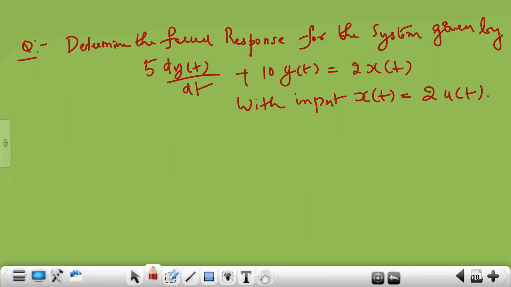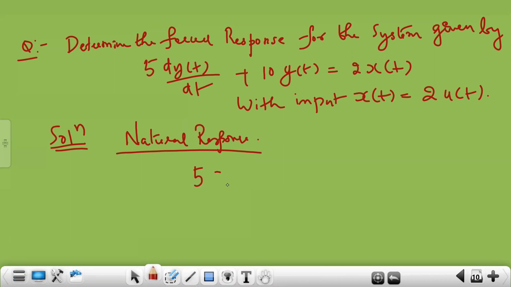Solution, first I will come with natural response. For that, what I have to do? Previously, what we have done, same thing, you have to replace your right hand side by 0, means your input should be 0. So it will become 5 dy of t by dt plus 10 y of t is equal to 0.